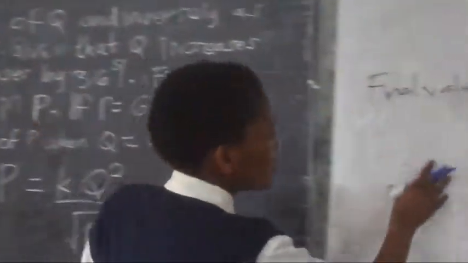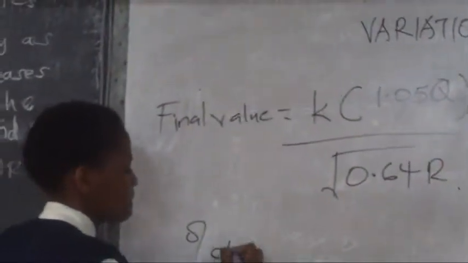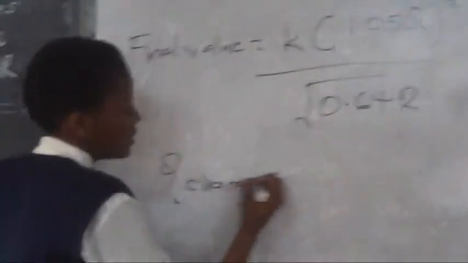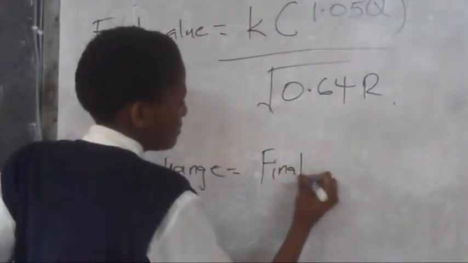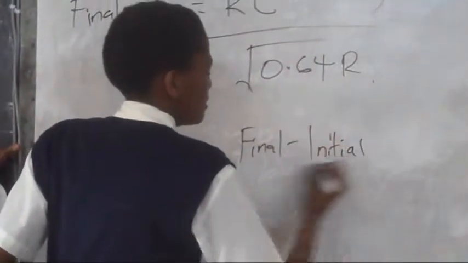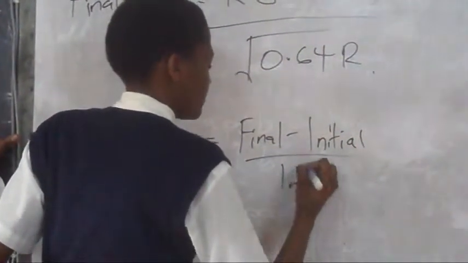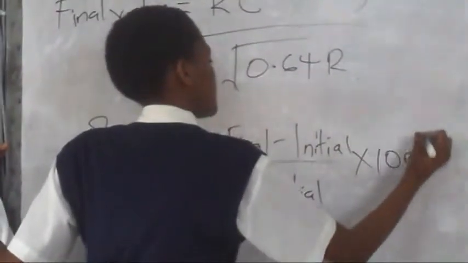Now when we want to get the percentage change, it will be final minus initial value, over initial value, times 100%.